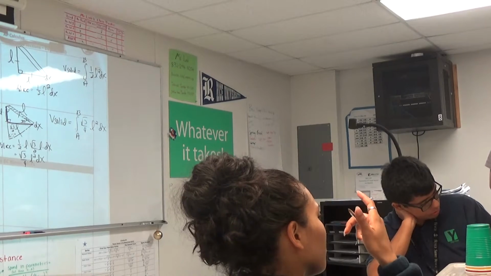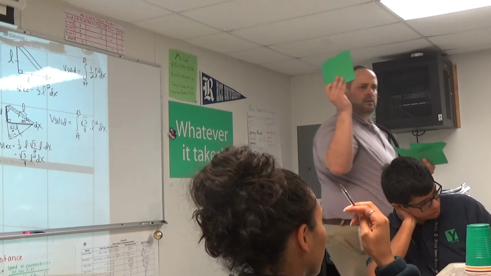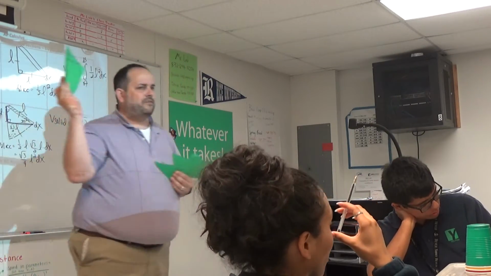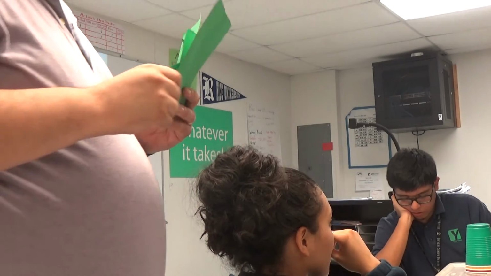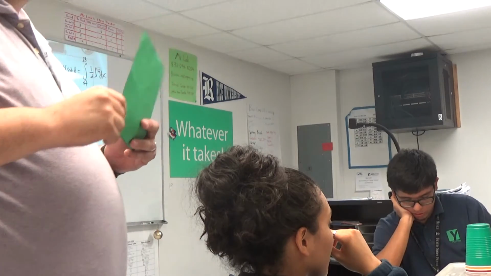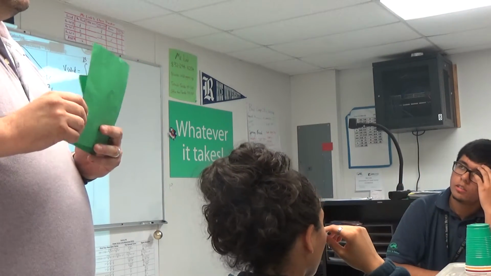So one more time. If it's the square, L squared. What if I'm parallel to the y-axis? L squared dy or L squared dx? dx. Parallel to the y-axis, L squared dx.